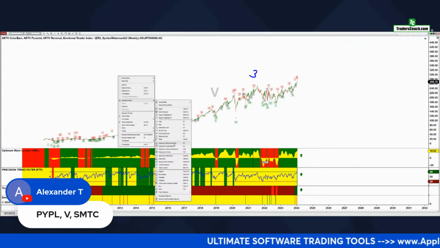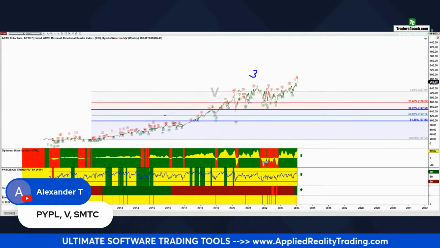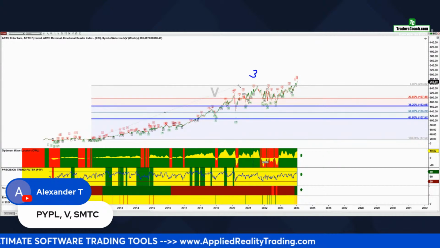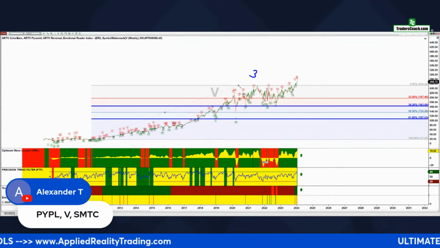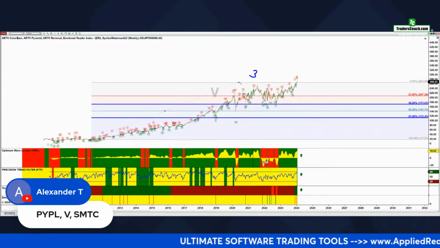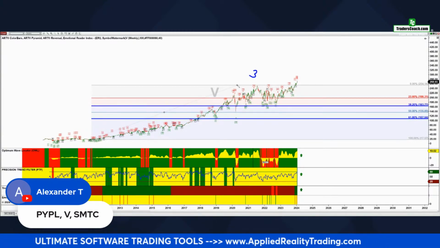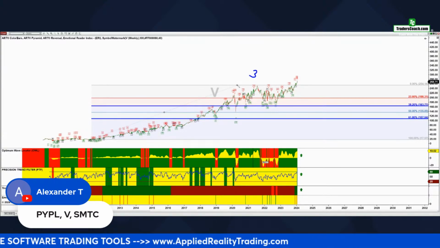So let's go ahead and take a look at Fib extensions. I'm going to draw them from here to here, because I'm trying to see if that possibly works. So this is either a 3 where I've labeled it, or it could even be a 3 here. This is one of these that's a little tricky to tell.